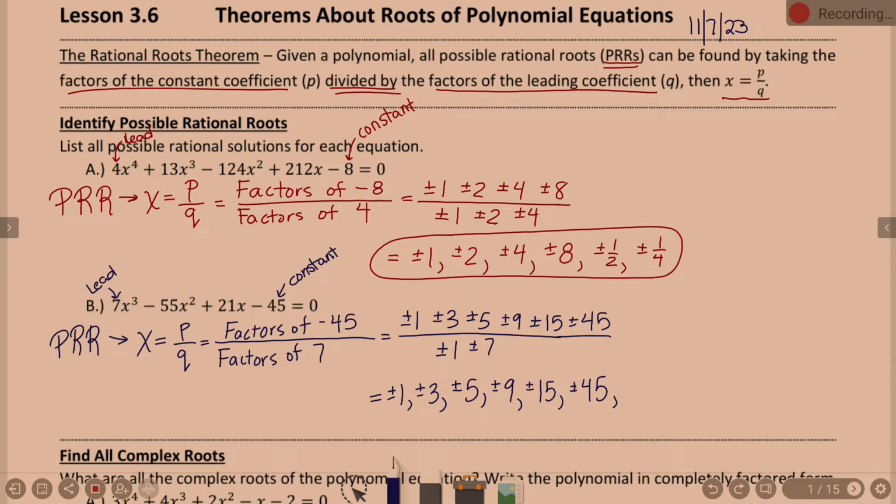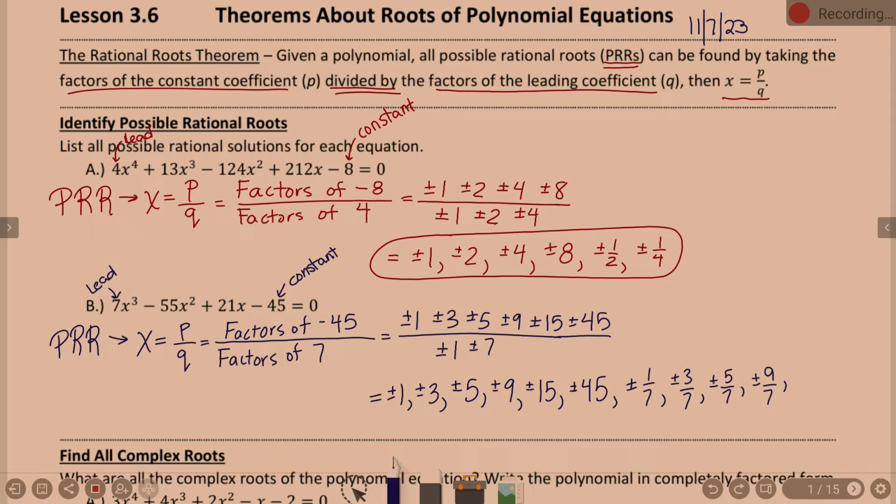Now what? Put everybody over 7. Okay. What about 1 over 7? What's that? 1/7. 3 over 7? 3/7. 5 over 7? 5/7. 9 over 7? 9/7.